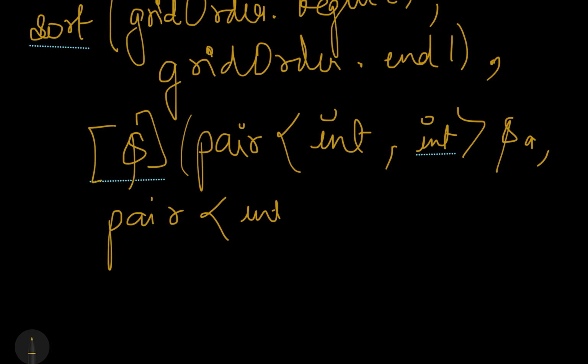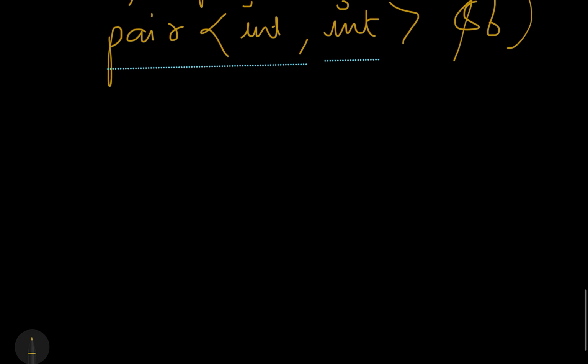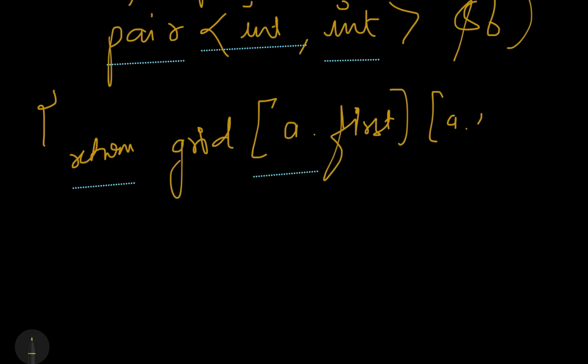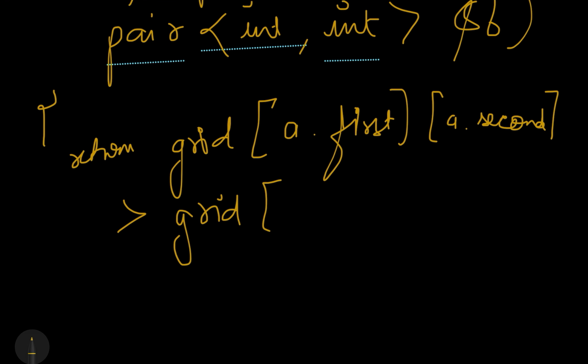For each pair a and b, we return grid of a dot first, a dot second, should be greater than grid of b dot first, b dot second.